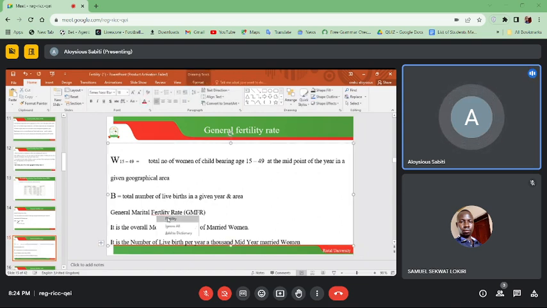Another measure we want to look at is the general marital fertility rate, which looks at the overall fertility of married women. It is the number of live births per year per 1,000 married women.